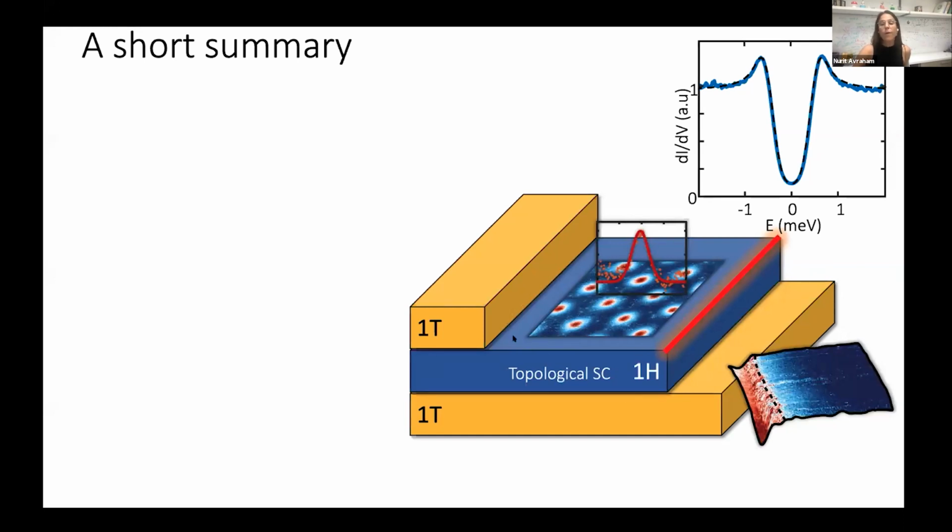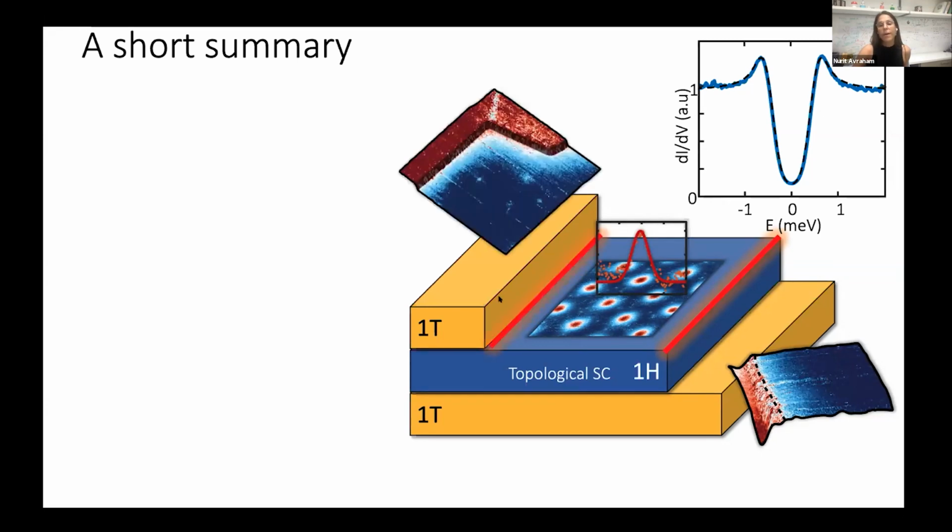We also found a boundary mode that distinguishes different regions of the 1H, where in one region the 1H is encapsulated by layers of 1T from both sides, and in the other it's a non-symmetric encapsulation. So let me give some more insight.